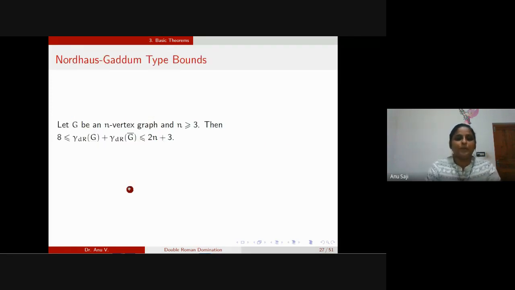Okay. Now, there are Nordhaus-Gaddum type inequalities. Let G be an n vertex graph with n greater than or equal to 3. Then the sum of gamma_dR of G and G complement lies between 8 and 2n plus 3.